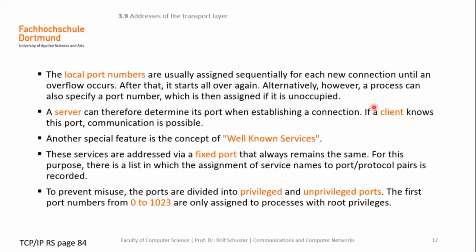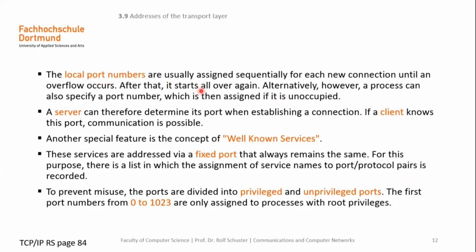That is the assignation of the ephemeral ports. It's an assignation that starts each time the system is restarted. Alternatively, however, a process can also specify a port number which is then assigned if it is unoccupied.